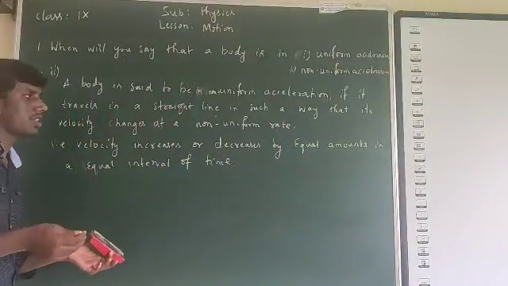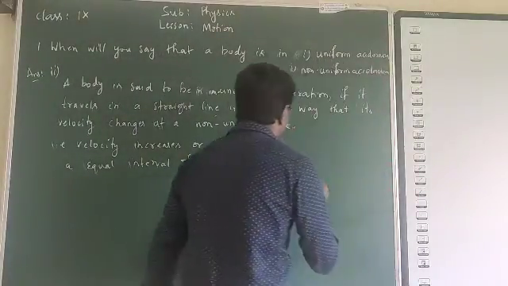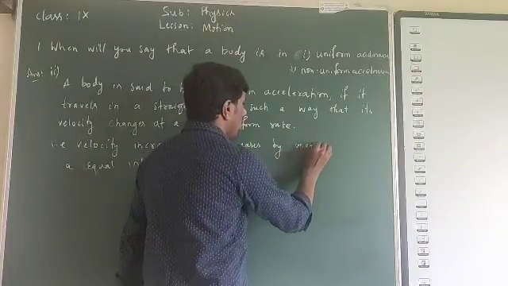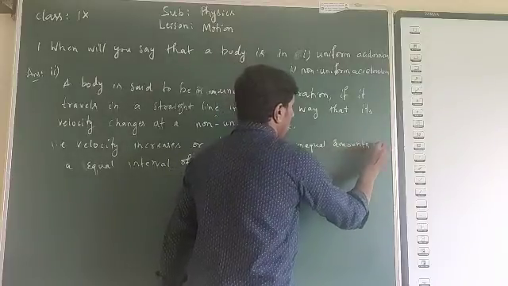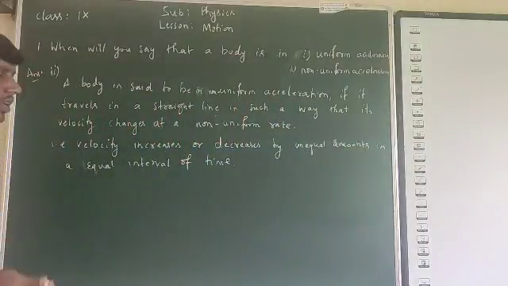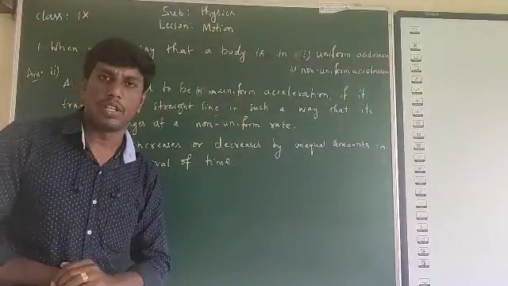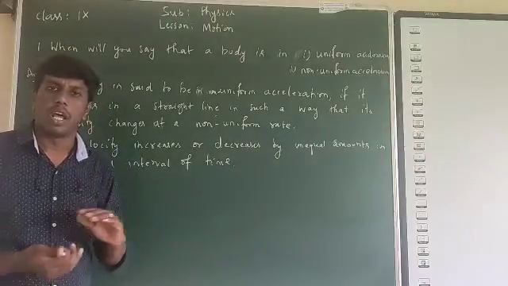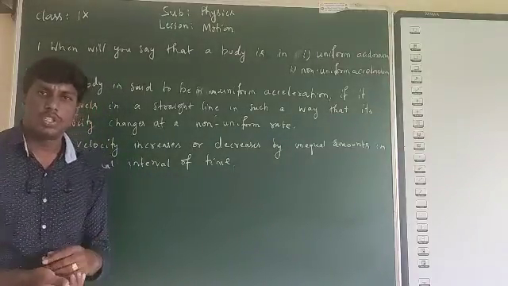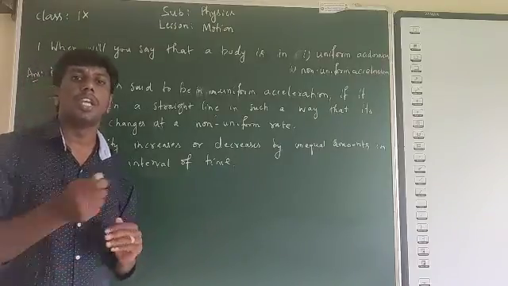That is, velocity increases or decreases by not equal amounts, it is unequal amounts. Its velocity changes at a non-uniform rate, that means either it increases or decreases by unequal amounts.